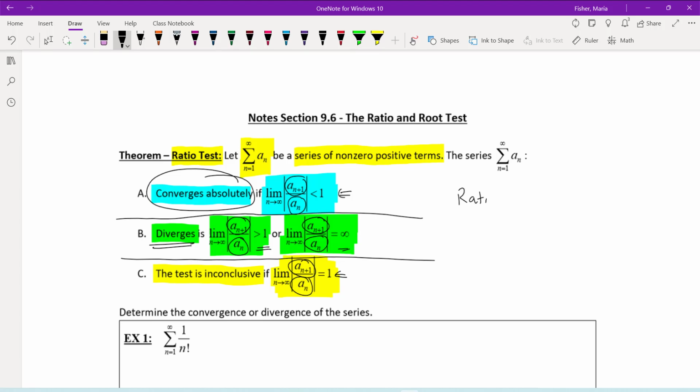Now, the ratio test is great for any kind of series with a factorial, or a series that has a mix of polynomials and exponentials.